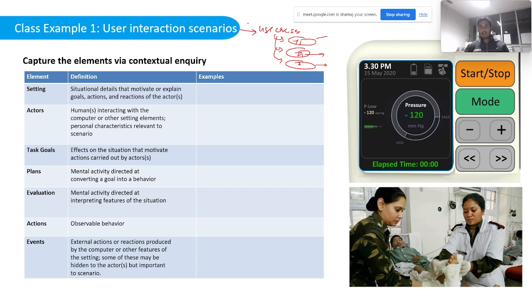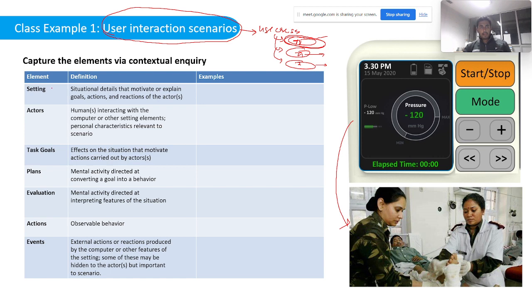But now you want to understand what all needs to be there in the user interface when you actually try to use this particular device in a hospital, in a clinical environment. So now the user interaction scenario will try to analyze a specific use case or particular therapy in a hospital setting.